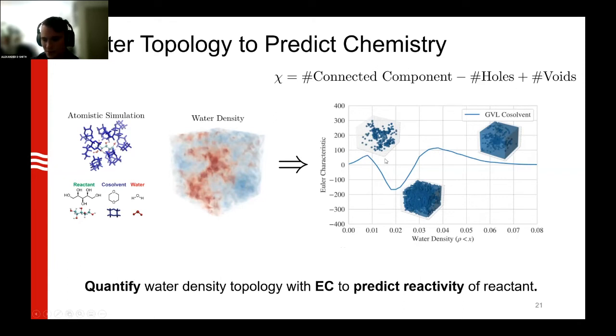And so that's why we're seeing this first peak, that second value, and then a third peak here, which accounts for the voids in our system. And as we keep going through, eventually those voids are filled, and we end up back with just a single connected component. And so again, we're going to use this Euler characteristic curve to quantify these water densities in their topology, and we're going to try and use this information to predict the reactivity of this reactant.